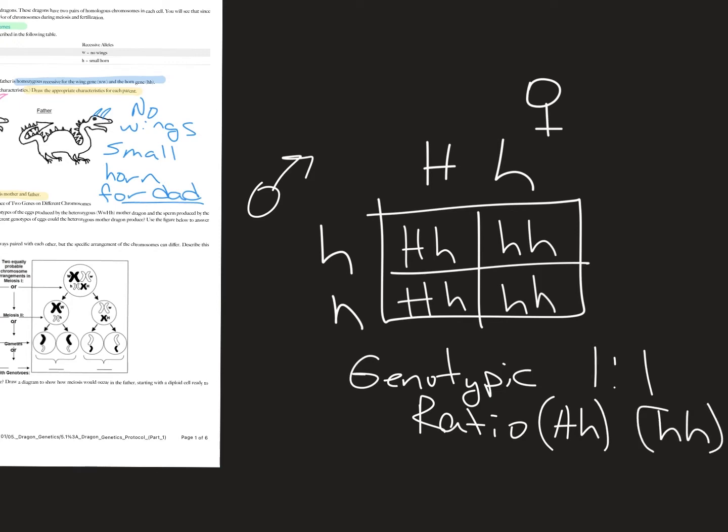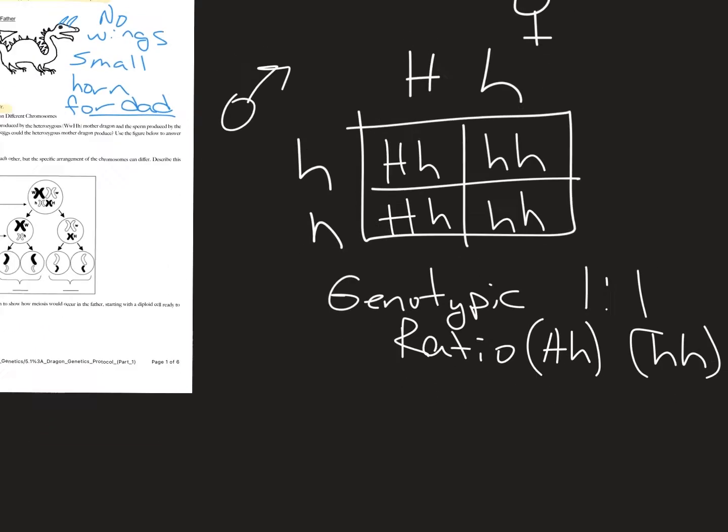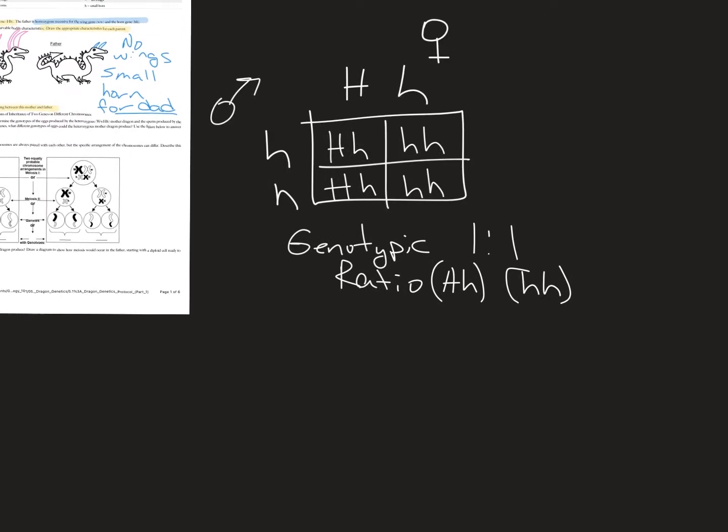What about phenotypic ratios? What kind of phenotypic ratios am I dealing with here? Well, somebody tell me something. I can't hear anybody. Kirsten said, "Is it still 1-to-1?" Yeah, that's right. Absolutely right. It's still 1-to-1.